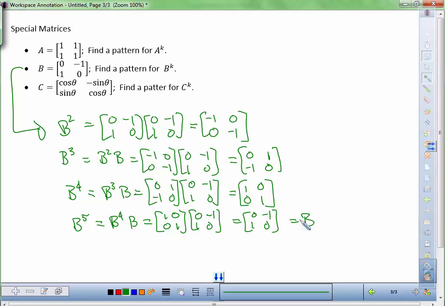So we eventually got back to b, and then b to the sixth will recycle and look like b squared. I think at this point we've established some sort of pattern here. Does this remind you of anything?